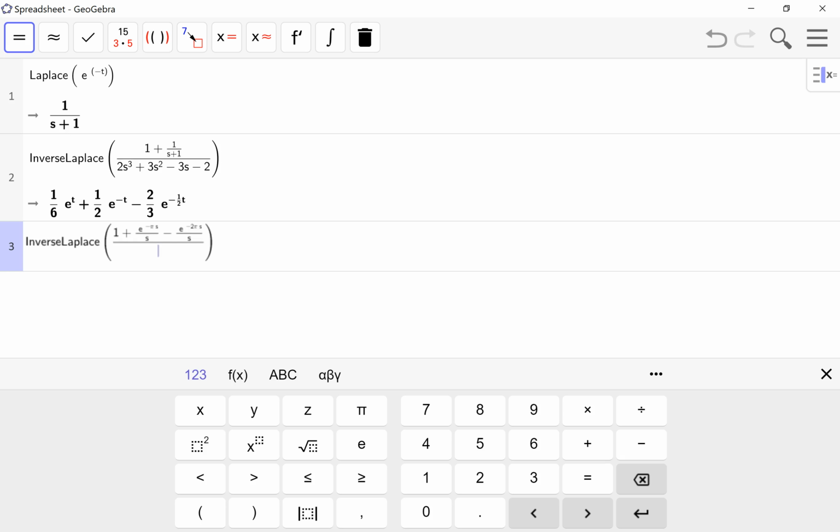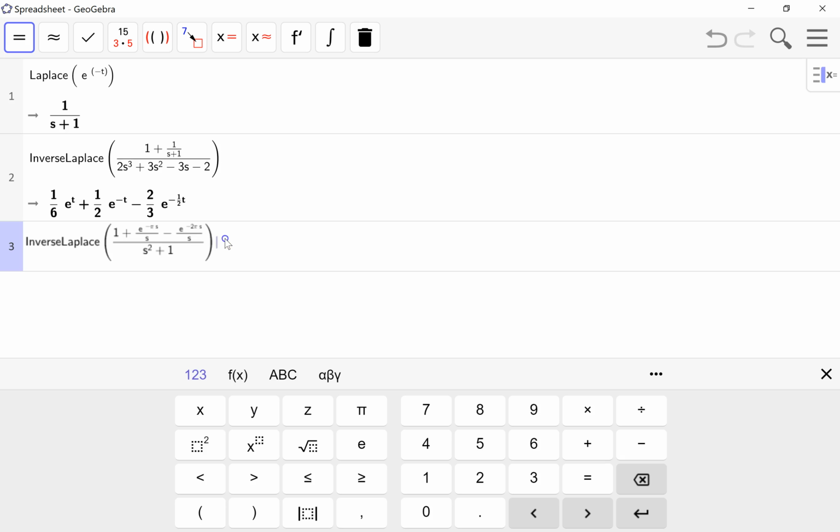And the denominator was s squared plus 1. So for this particular problem, I didn't bother simplifying anything, just like when we did the previous problem, and GeoGebra can do the heavy lifting for us.